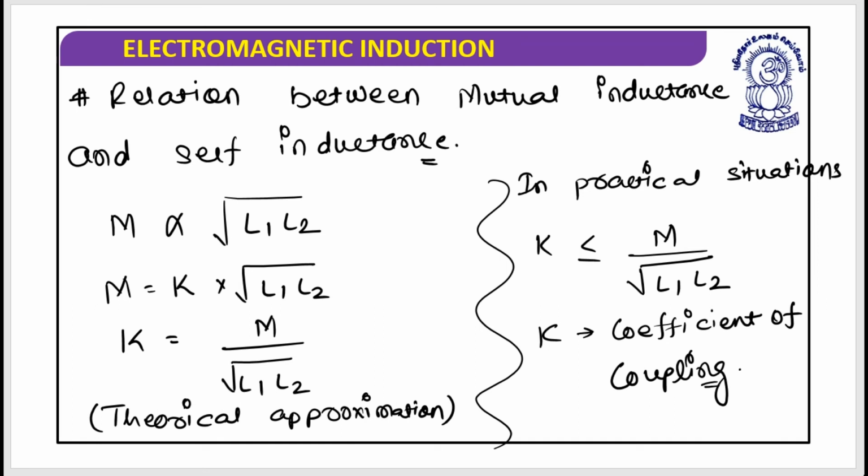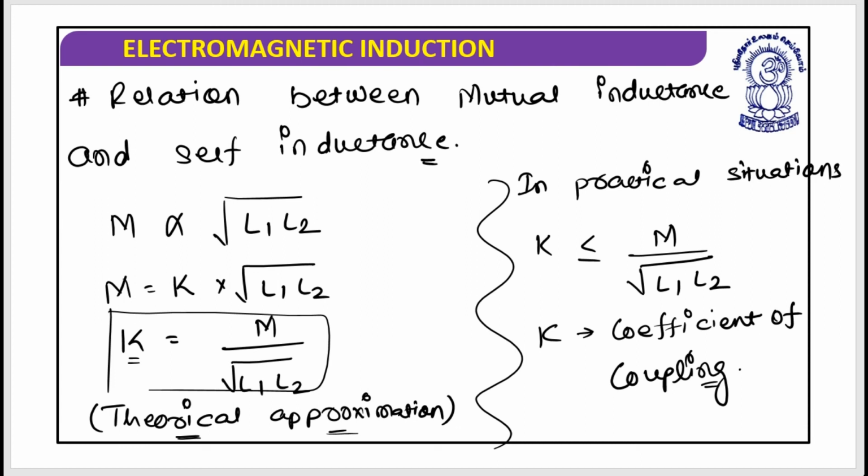So in an ideal situation or theoretical approximation, this coefficient of coupling would be equal to M divided by root of L1 L2.